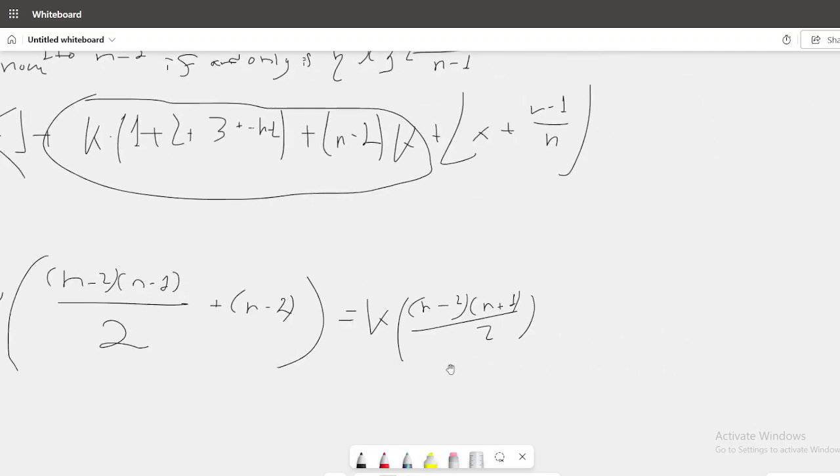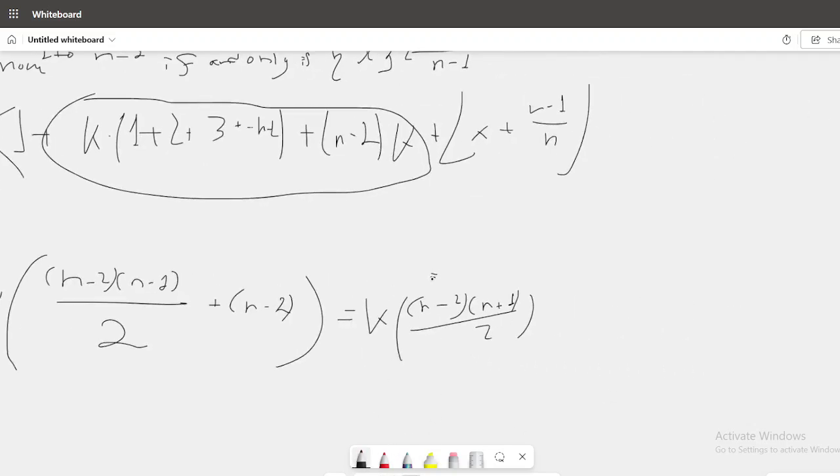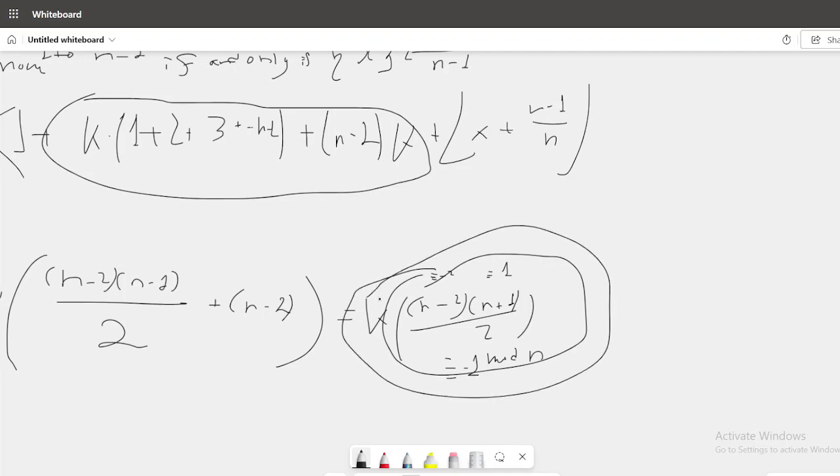This is easy. Now, this is congruent to negative 2. This is congruent to 1 mod n. And this whole thing is congruent to negative 1 mod n. Because negative 2 divided by 2, that's negative 1 mod n. So the entire thing is congruent to negative k mod n.